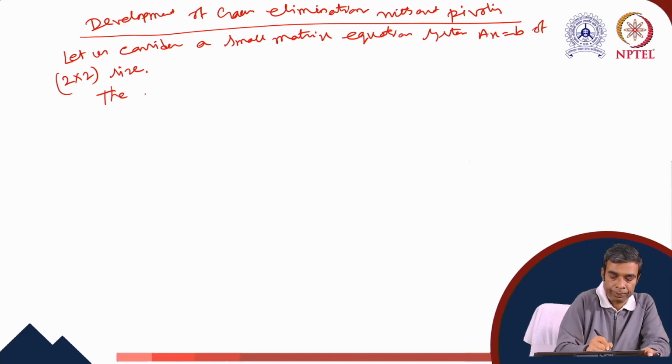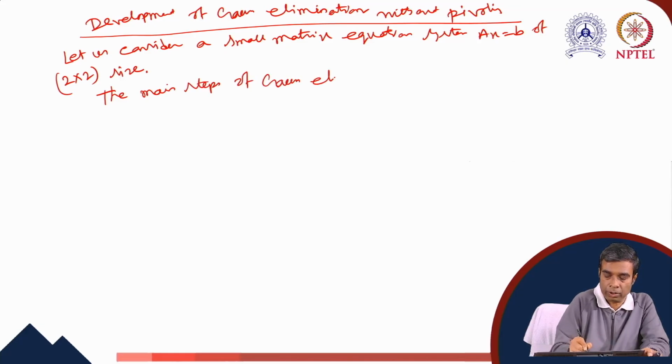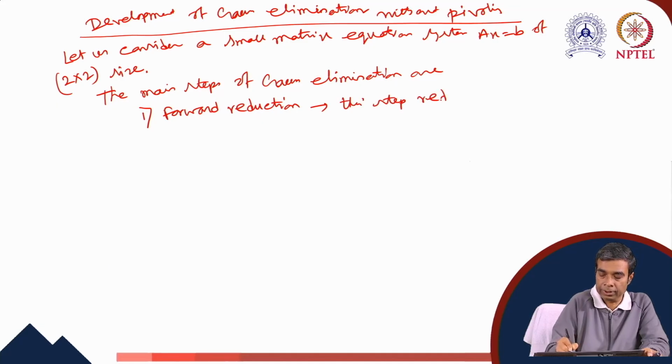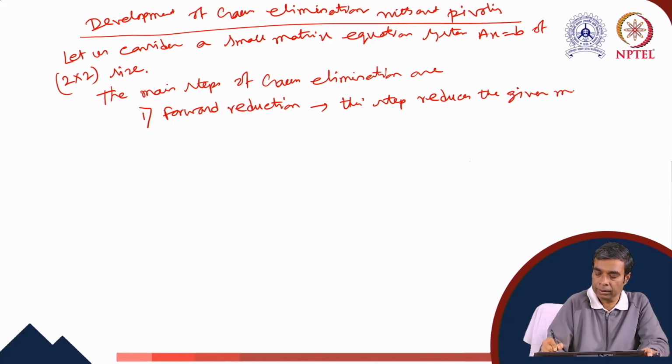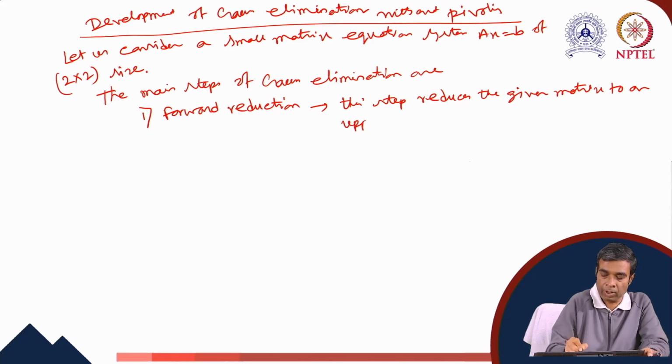The main steps of Gauss elimination are: the first step is forward reduction. This step reduces the given matrix to an upper triangular matrix.